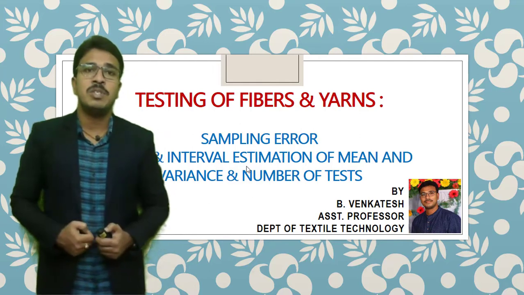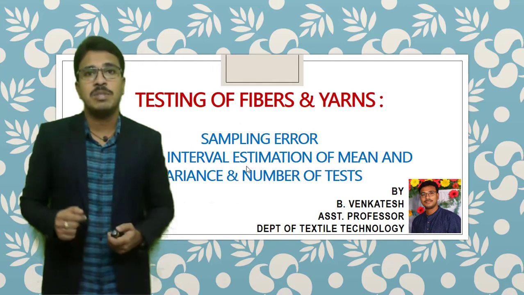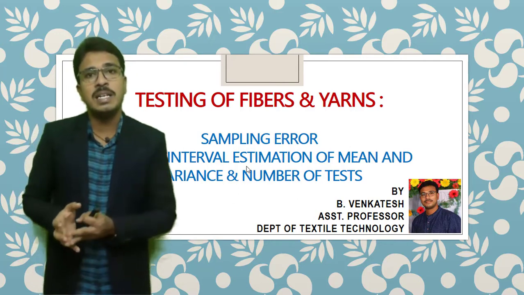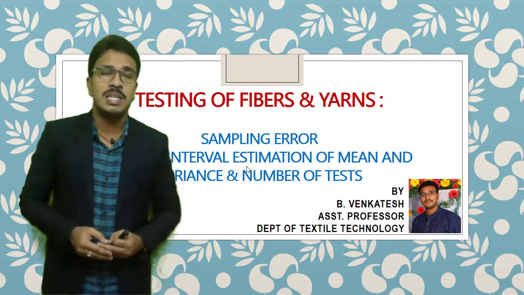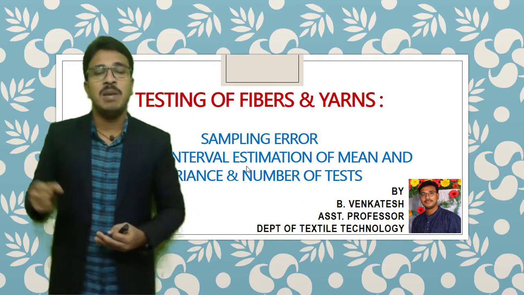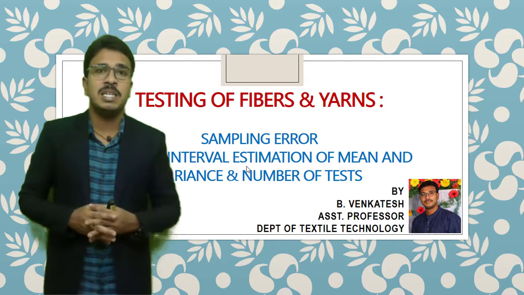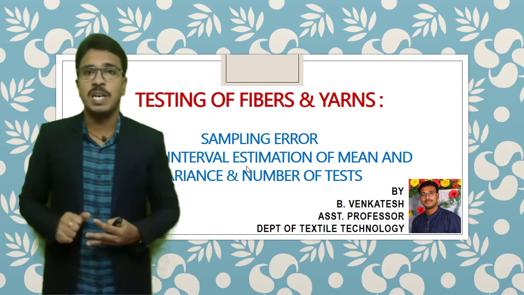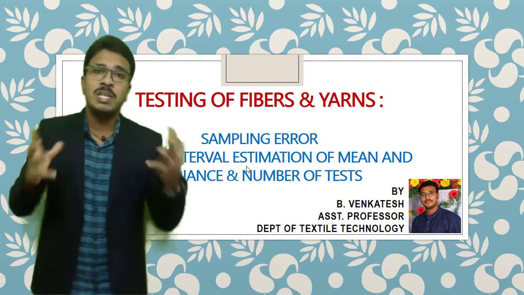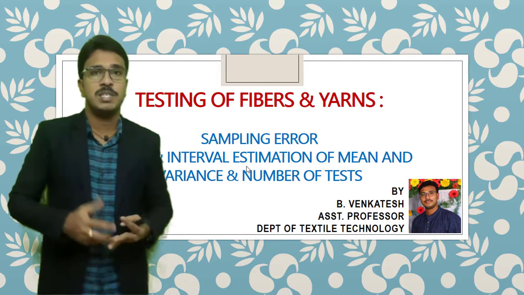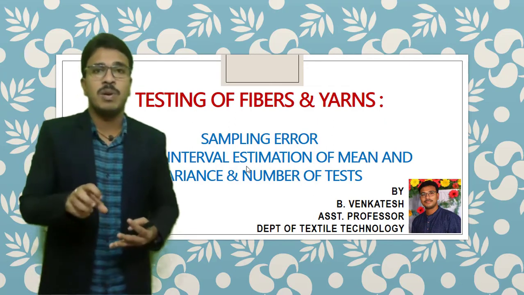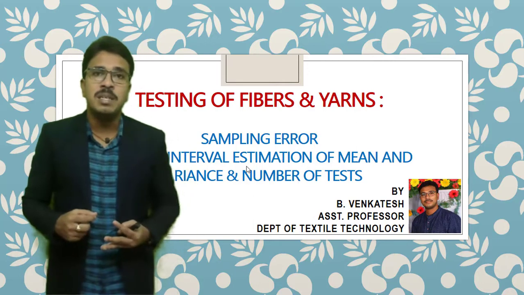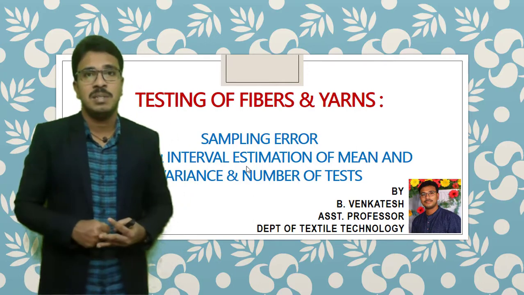And when it comes to sampling, as I told you in the last class, you should understand what a population is and what a sample is. Population is nothing but the entire system. For example, 1000 kgs of yarn you have produced is your population. If you want to know the quality of that 1000 kgs of yarn, you have to pick some sample randomly.